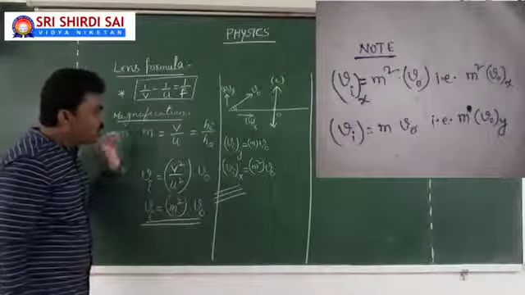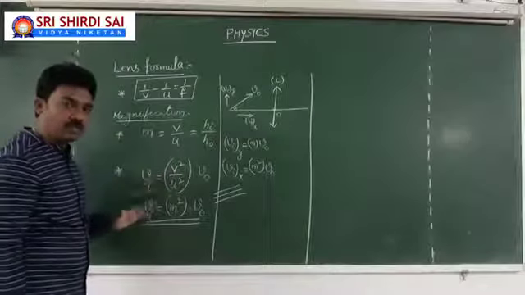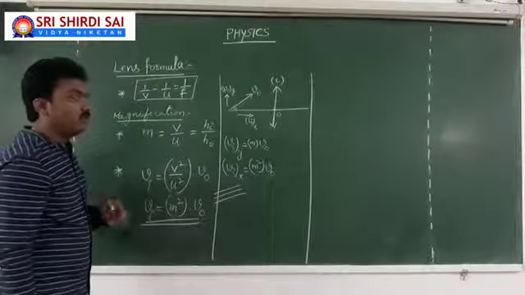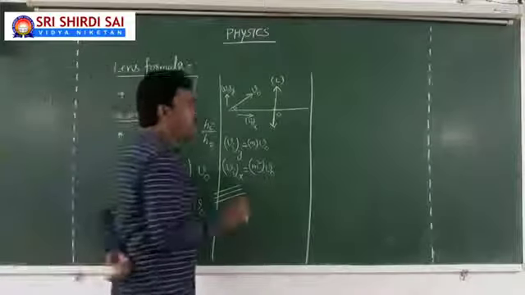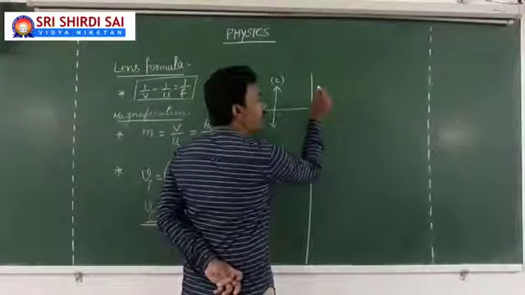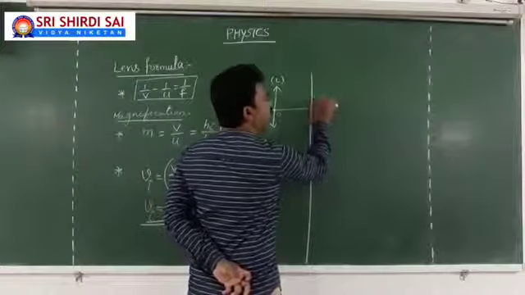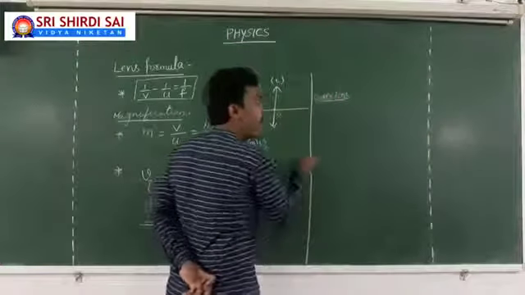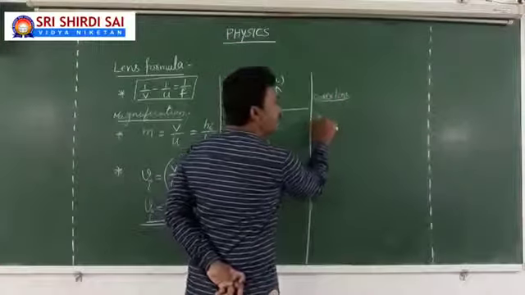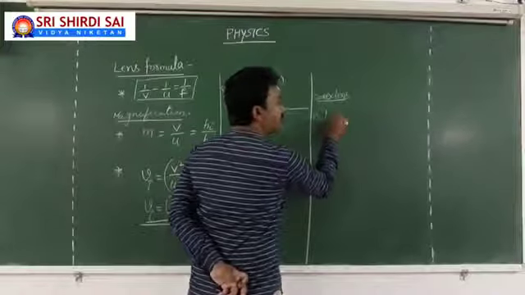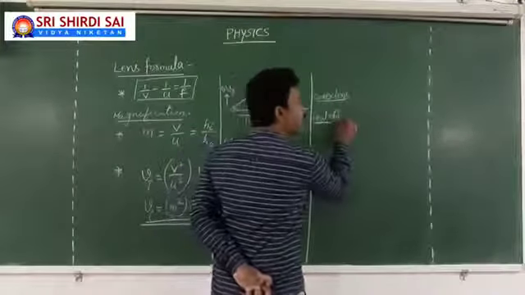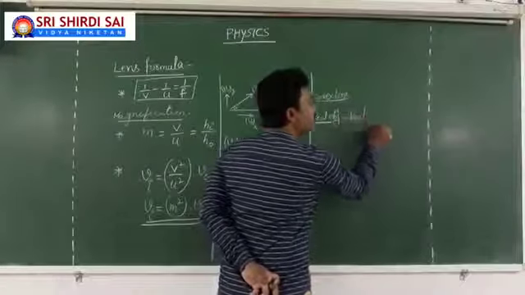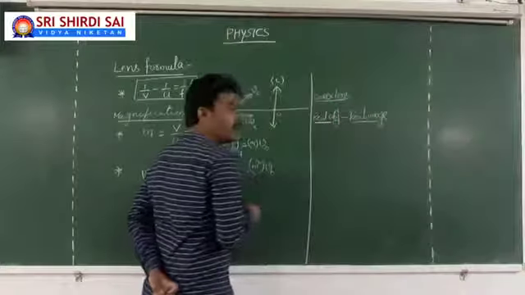But when we solve applications on these concepts, you should have a little more information. For example, in the case of a convex lens, I have a real image for a real object. You know that it can form a real inverted image.